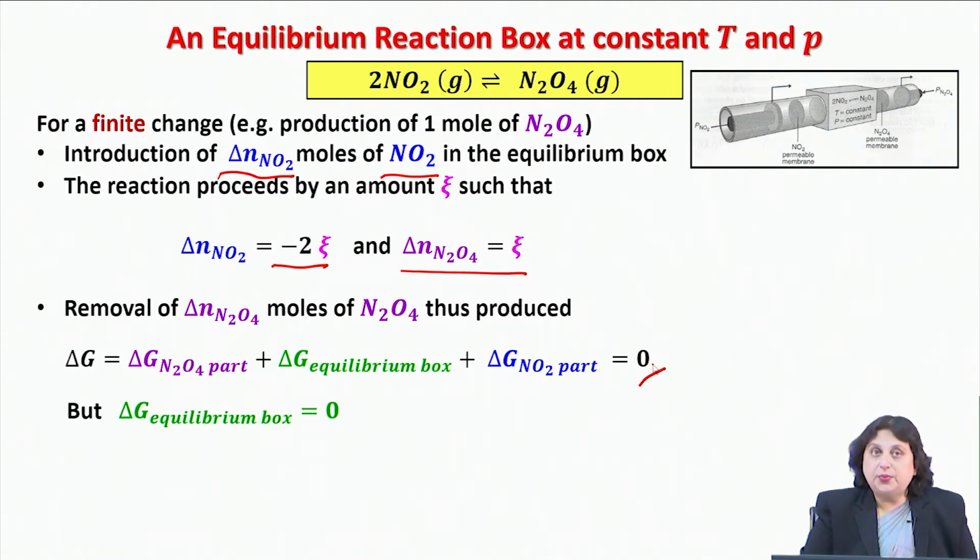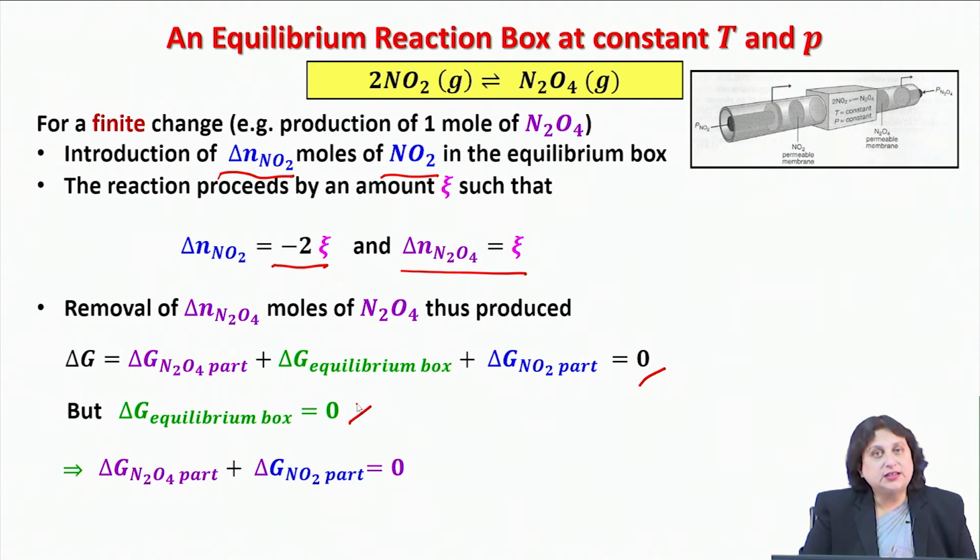And the equilibrium box is maintained at a constant temperature, constant pressure, and in spite of introducing the NO2, because of the removal of N2O4 which was generated, the chemical composition inside the equilibrium reaction box has not changed because of this experiment, and therefore, once again, delta G of the equilibrium box is equal to 0.